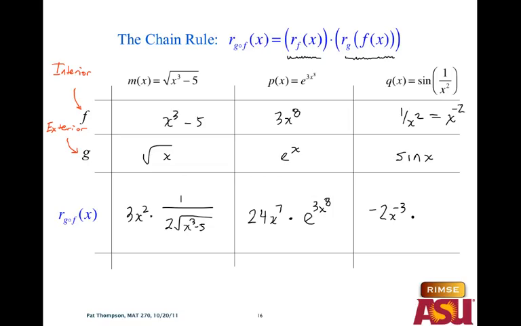Good. Oh, we never did that. So the rate of change of sine x is cosine x. So it would be cosine of f as it is. Rate of change of sine is cosine.